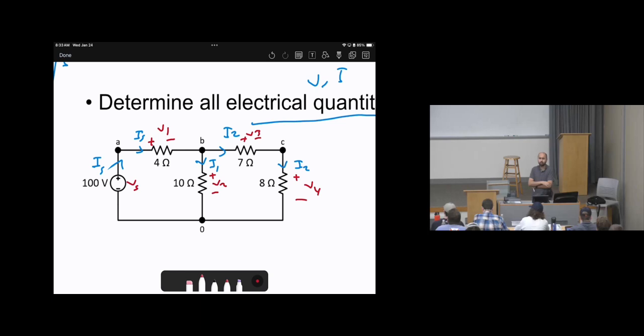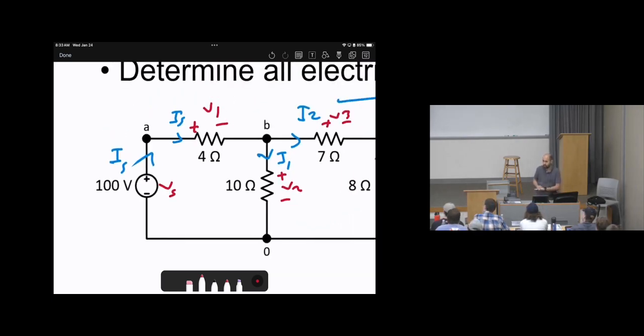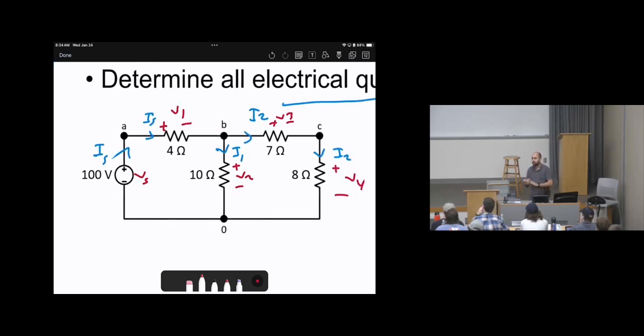How can I do it? We don't know any of the voltages or any of the currents. The only thing that we have is the voltage source. We don't know the current source. So is there any way to modify this circuit so I can have only one unknown?